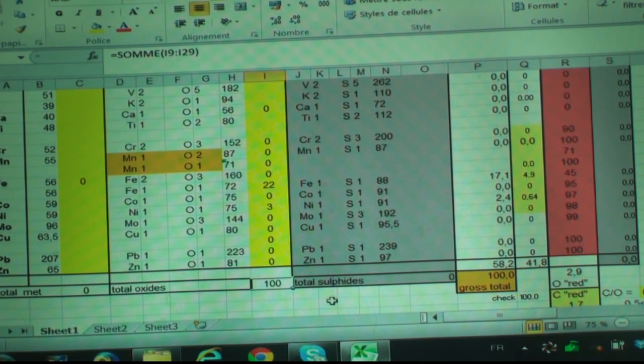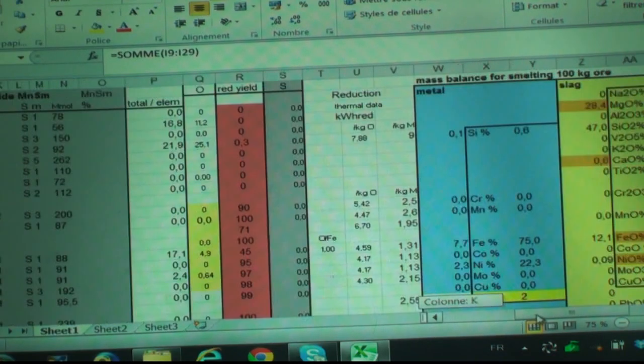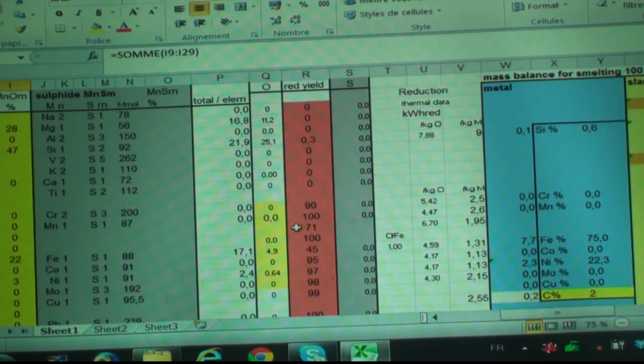Okay, so having this ore with high silica magnesia, it's the same. Silica is here, has a very low reduction yield.